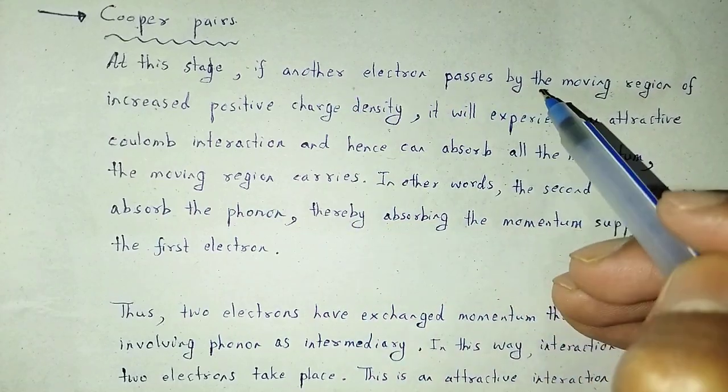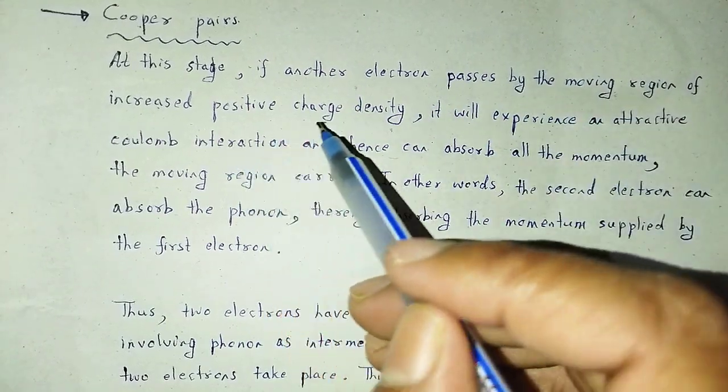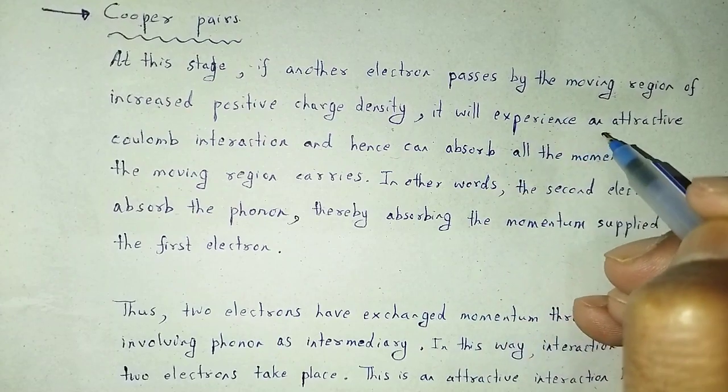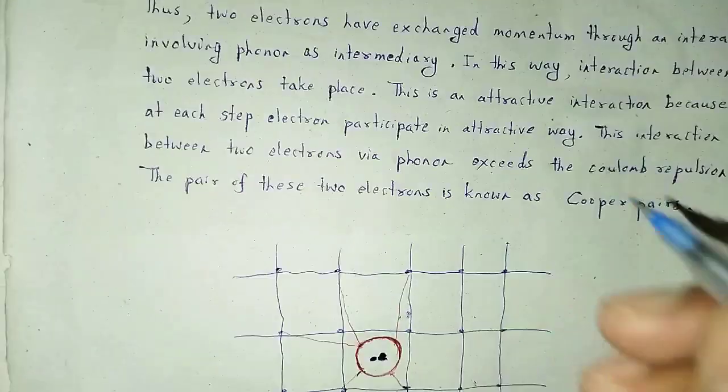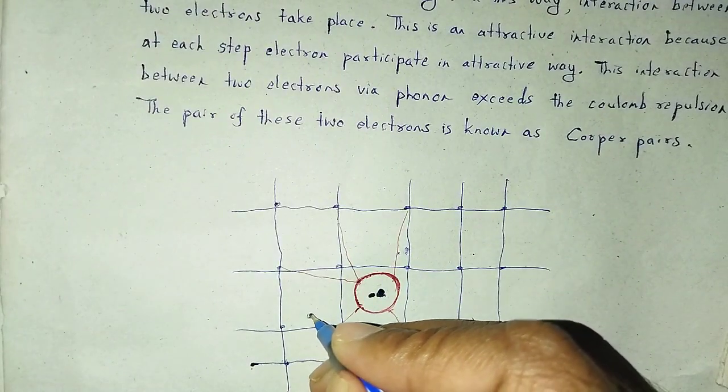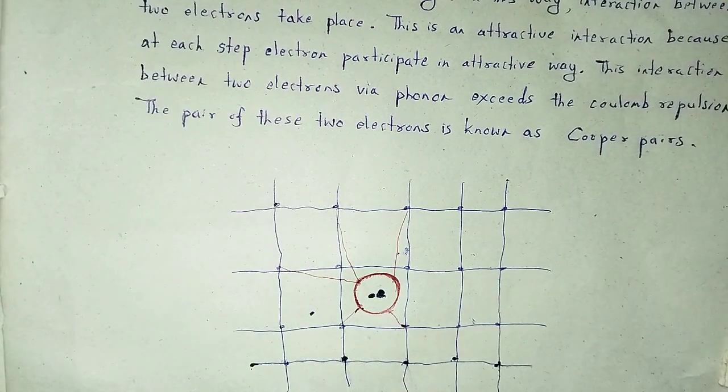If another electron passes by the moving region of increased positive charge density, it will experience an attractive Coulomb interaction. There will be another electron.